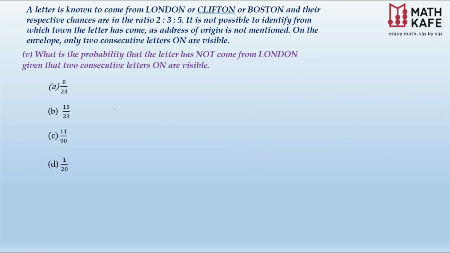Let us consider the last part, the fifth part of this question. What is the probability that the letter has not come from London given that two consecutive letters ON are visible? There are two different methods. One method is that you can find the probability that the letter has come from London, that is E1 given F, and do 1 minus P of E1 given F, as the question requires the letter has not come from London.